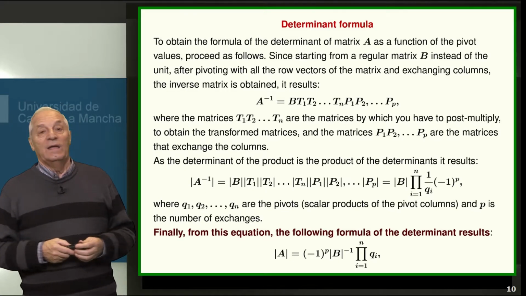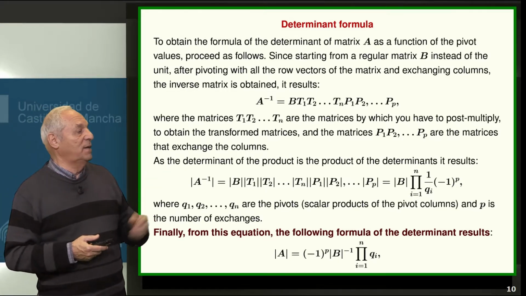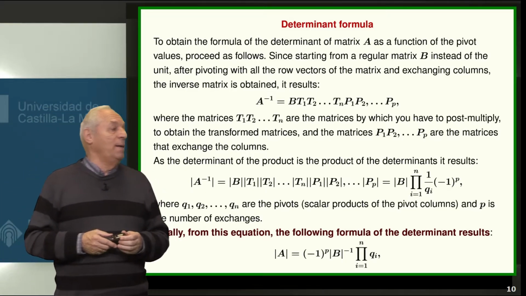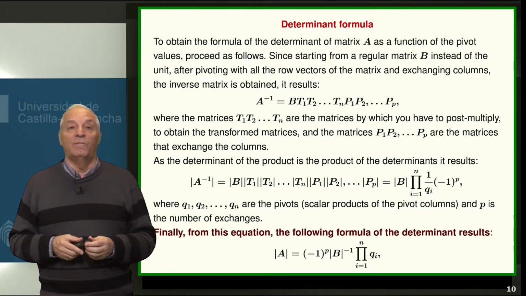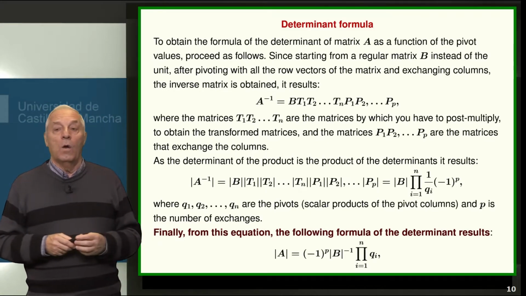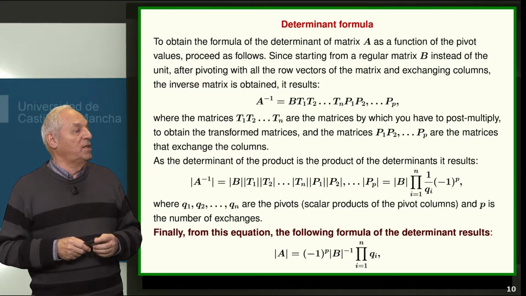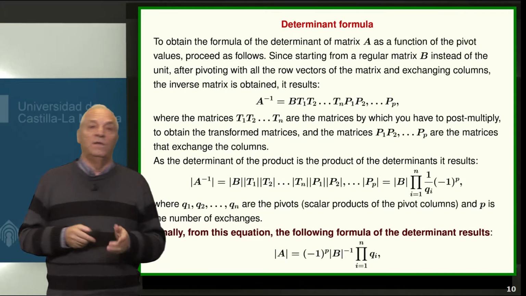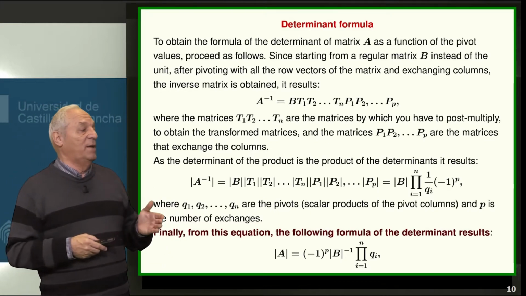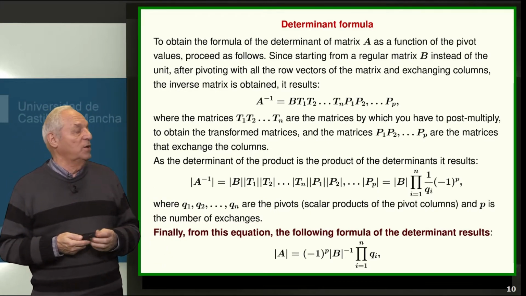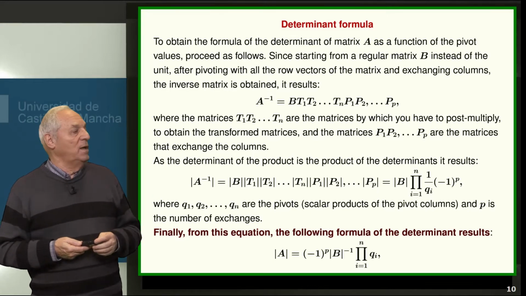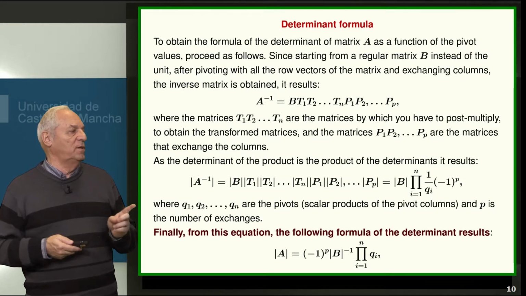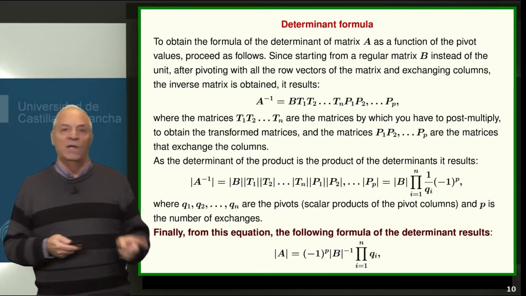But the final result is the inverse matrix of A. If we now take determinants from that matrix, as it is a product of matrices which are all regular, it turns out that the determinant of the first matrix, which is the inverse of A, is the product of the determinants of all factors. However, we know that the type 1 transformations had as determinant q, the type 2 had determinant 1, and those of type 3, determinant -1, and that's what we apply next.